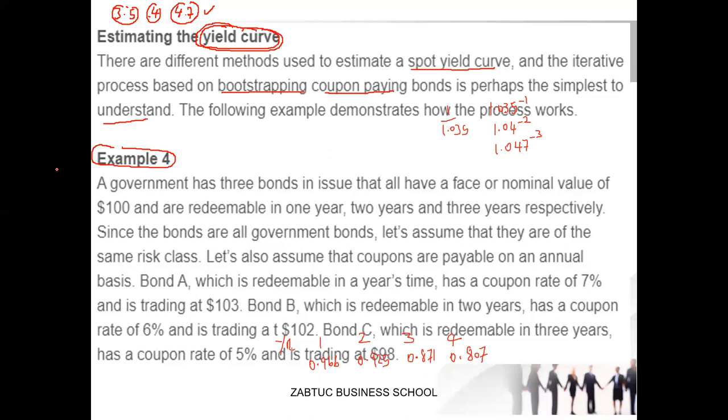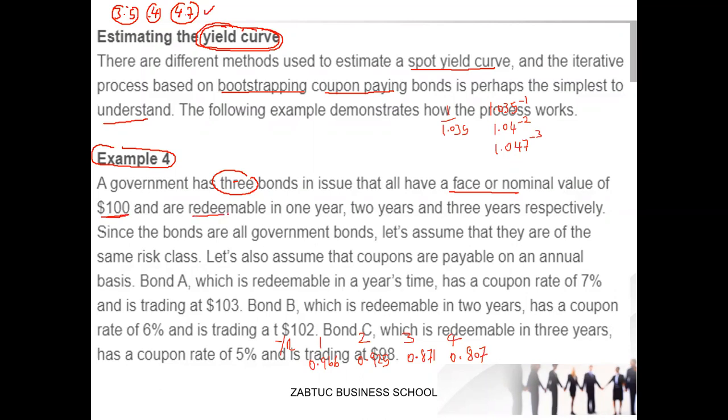The government has 3 bonds in issue that all have a face or nominal value of 100. Now you understand that.